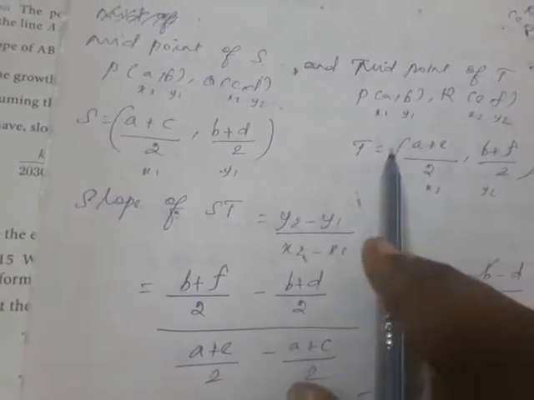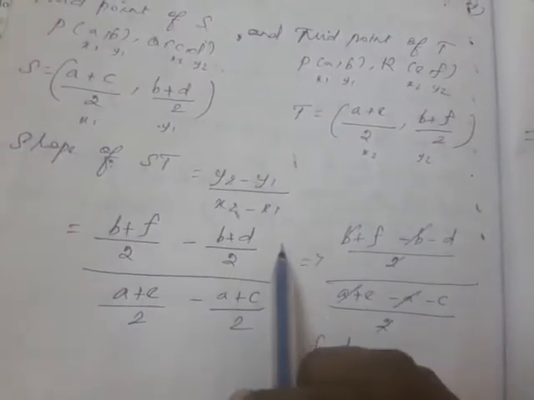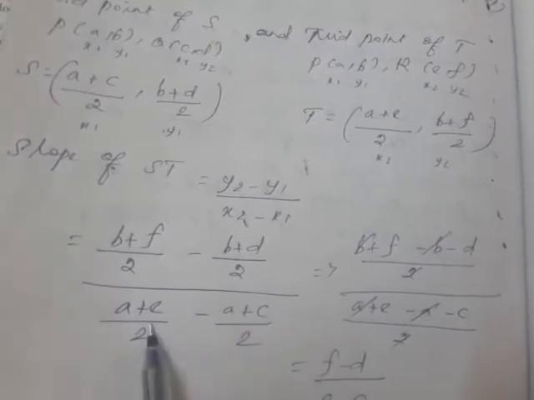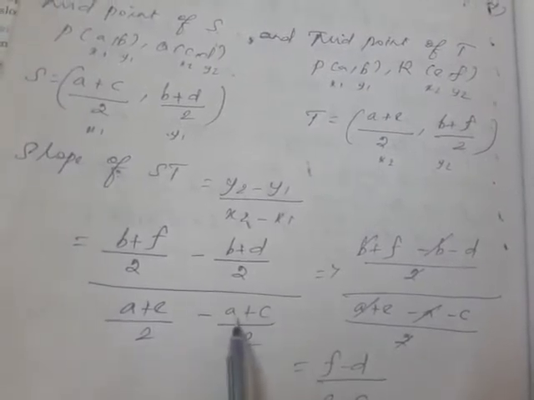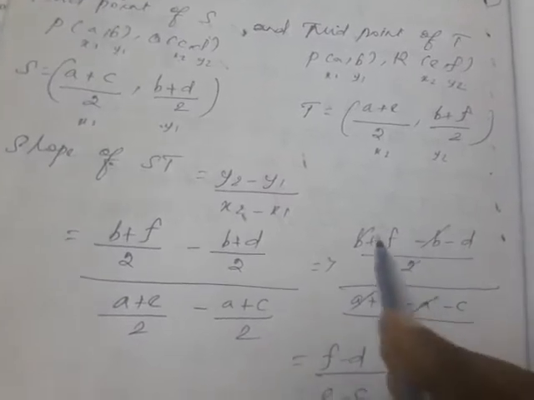Multiplying the minus inside and taking the common value 2, we get (B plus F minus B minus D) by 2 over (A plus E minus A minus C) by 2.